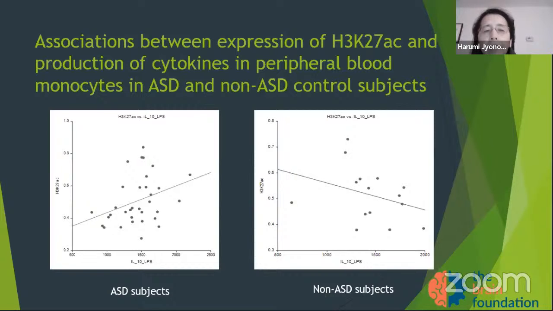But in ASD we see more of a positive association between H3K27AC expression by monocytes and monocyte IL-10 production. That also puzzled us, so we want to look further.